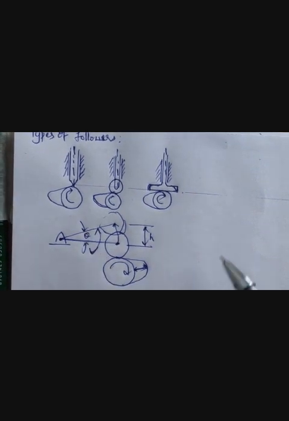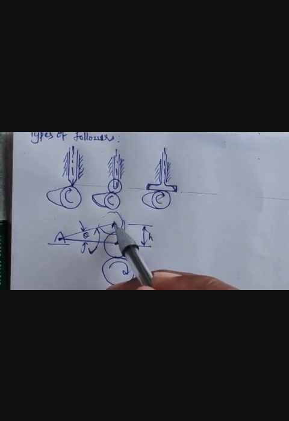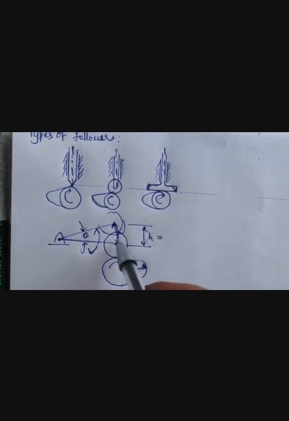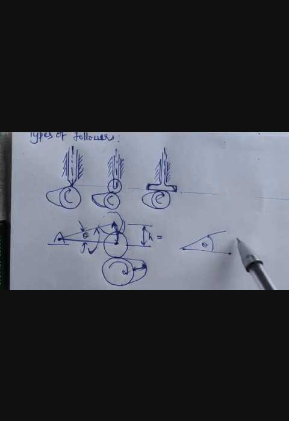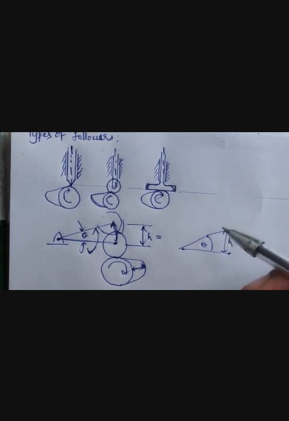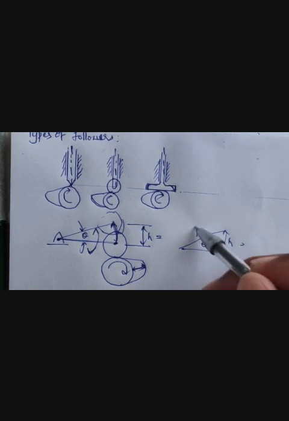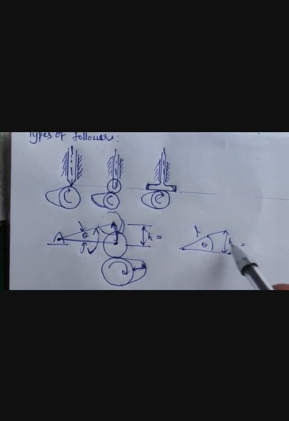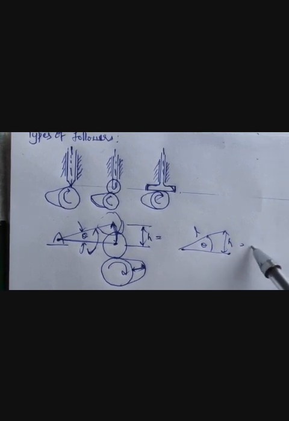So if this is theta, and you want to know the extreme other position of the lever, then you should call it h, assuming that these oscillate. The oscillation goes from here to here through theta, so the opposite side could be assumed as h, and this can be assumed as the lever length L. So h by L is sine theta, which means h is equal to L into sine theta.